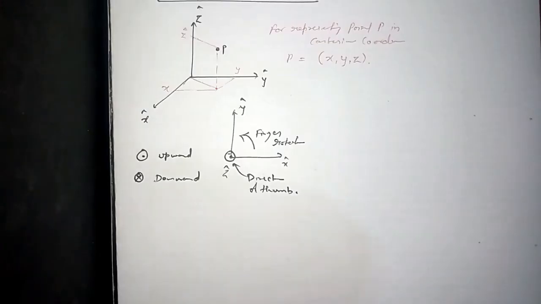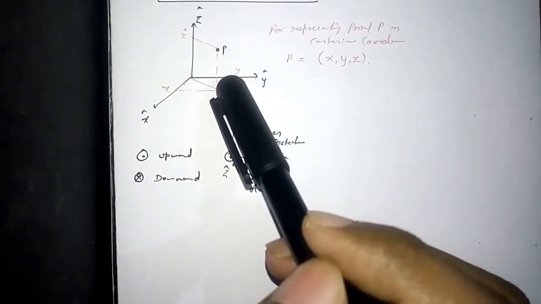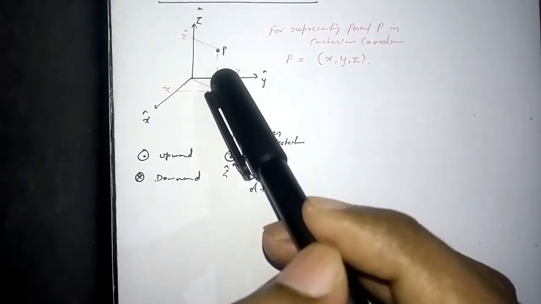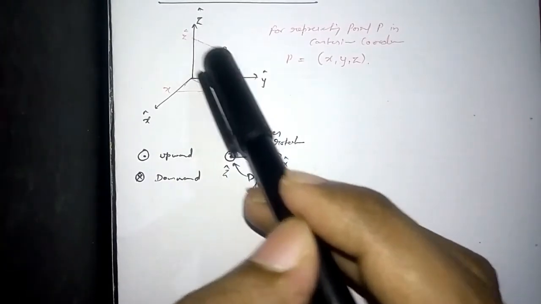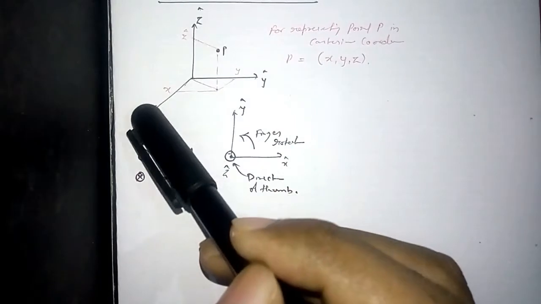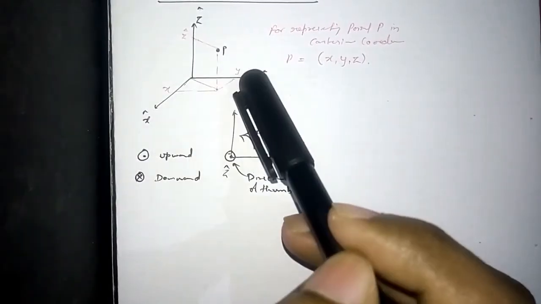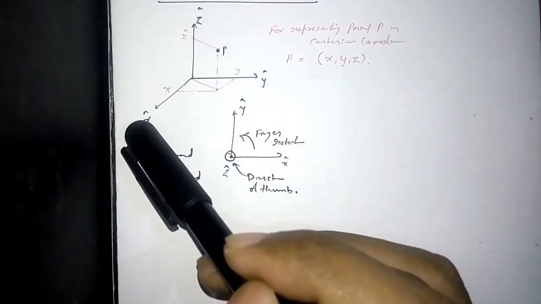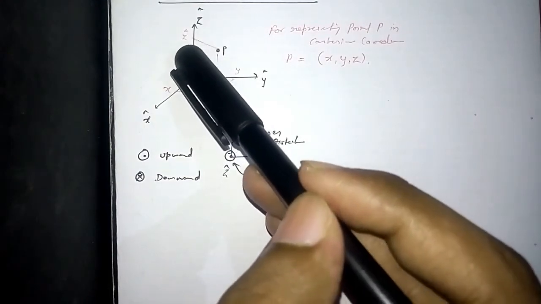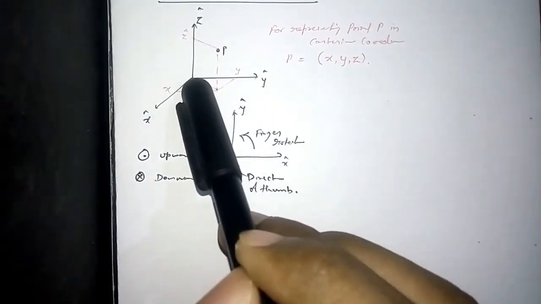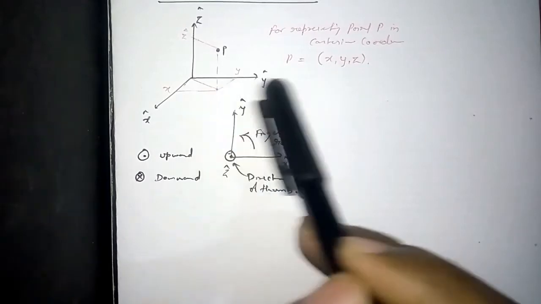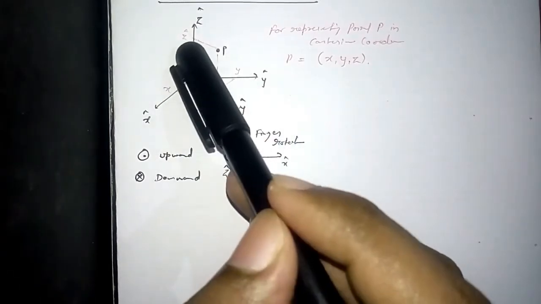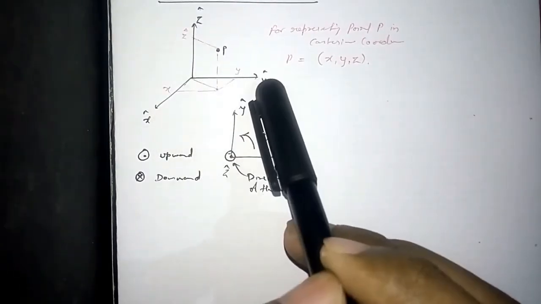Similarly, y cross z, this is the finger's rotation, and this is coming outward, x cap. So y cross z is equal to x cap. Similarly, z cross x will be y cap.